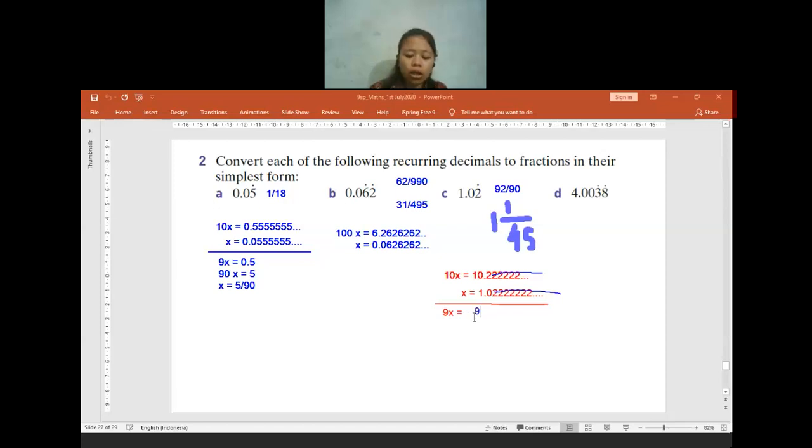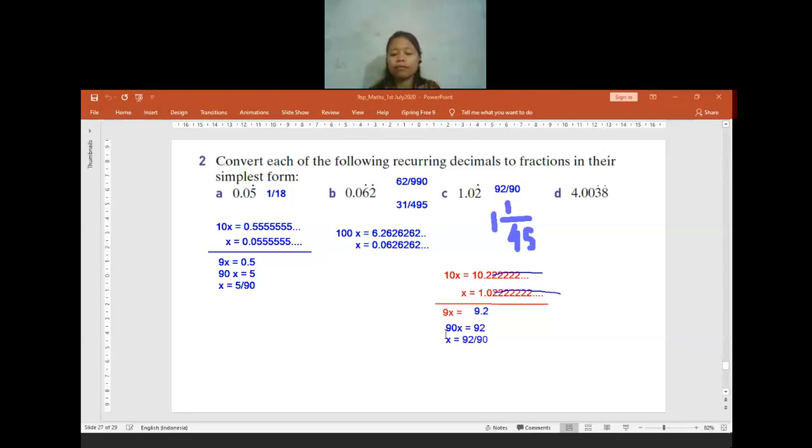And then is it okay to have a decimal and a fraction combined with each other? Not okay, right? So we multiply everything by 10. 9x multiplied by 10 will be 90x, right? 9.2 multiplied by 10 will be 92. So the x will be equal to 92 divided by 90.